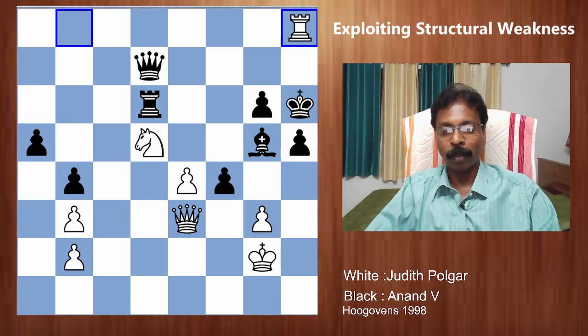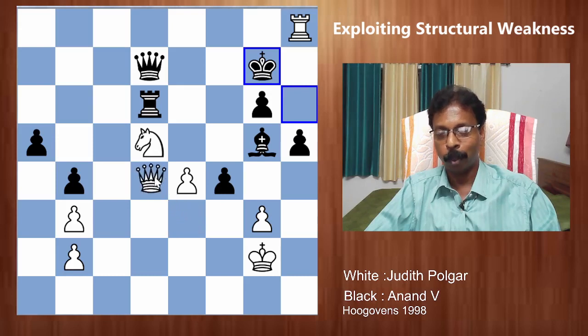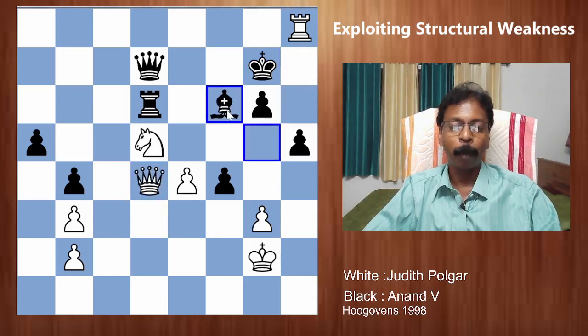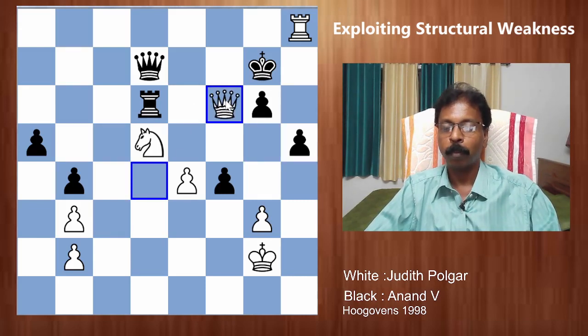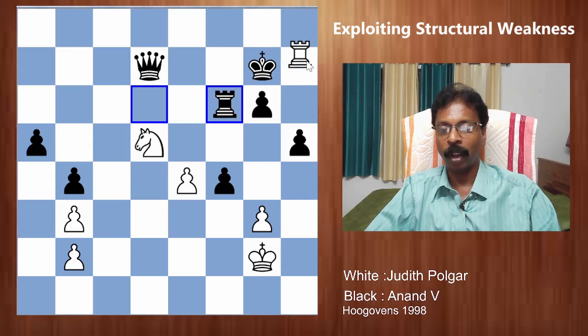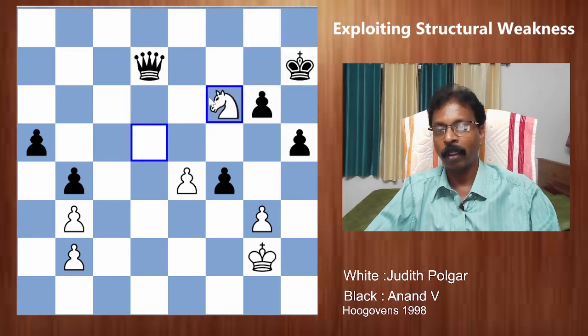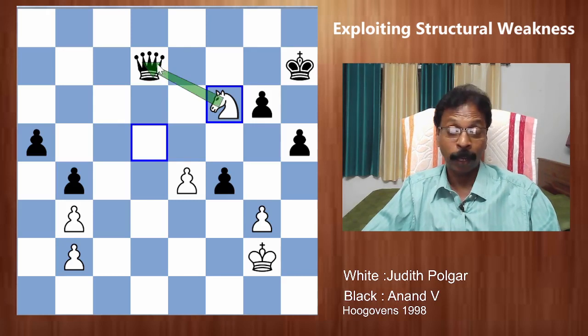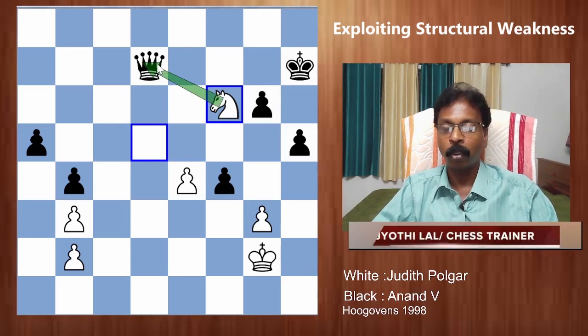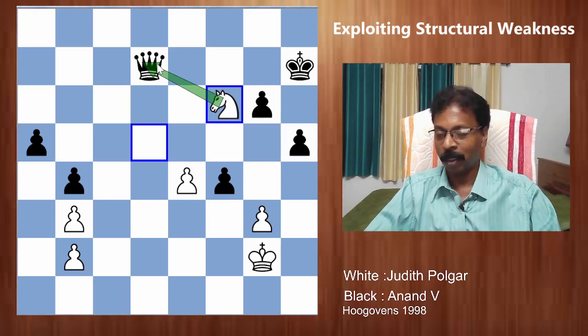After rook h8, king g7, and now queen d4 check. Bishop f6. Now white has a beautiful tactical shot. That is queen into f6. Rook into f6, rook h7. King into h7, knight into f6 check, and after this white can take the queen, and this leaves white with an extra piece. And this is the reason why Anand resigned.